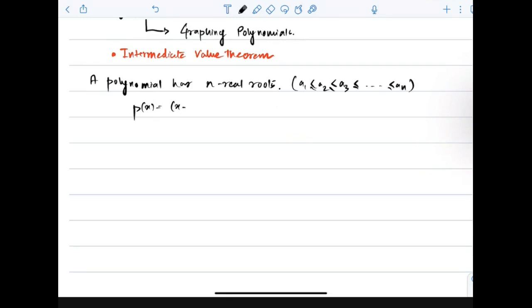We are not taking the case where the roots can be complex. We will see why, because we cannot use this wavy curve method then. We need to get to higher methods, and we'll see. So let's say P(x) = (x minus a1) times (x minus a2) times (x minus a3) and so on up to (x minus an), right?